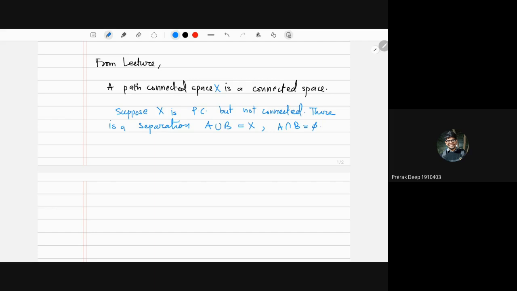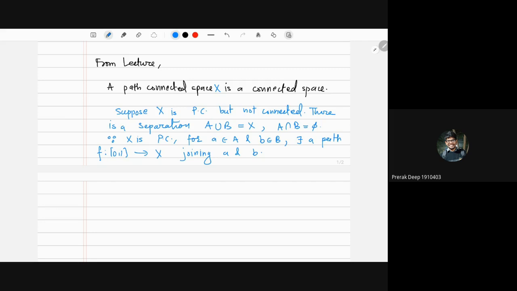But since X is path connected, for a point a in A and a point b in B, there exists a path f joining a and b.